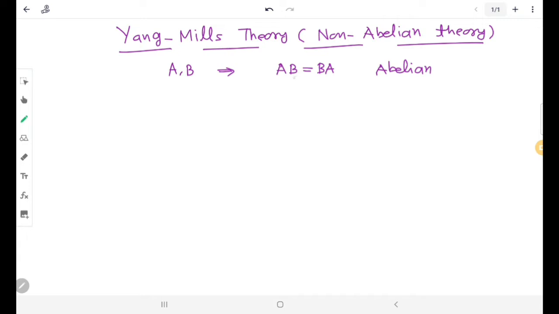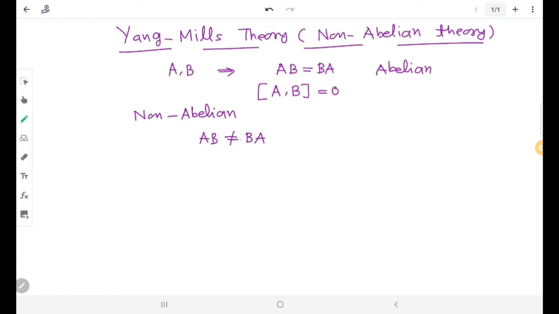Why Abelian? Because Abel was the mathematician who first introduced this concept. That is why in his name it is called Abelian. In our usual notation we write the commutator of A and B equal to 0. This is called Abelian theory. Anything which is commutating is Abelian. And non-Abelian means where you have AB not equal to BA.